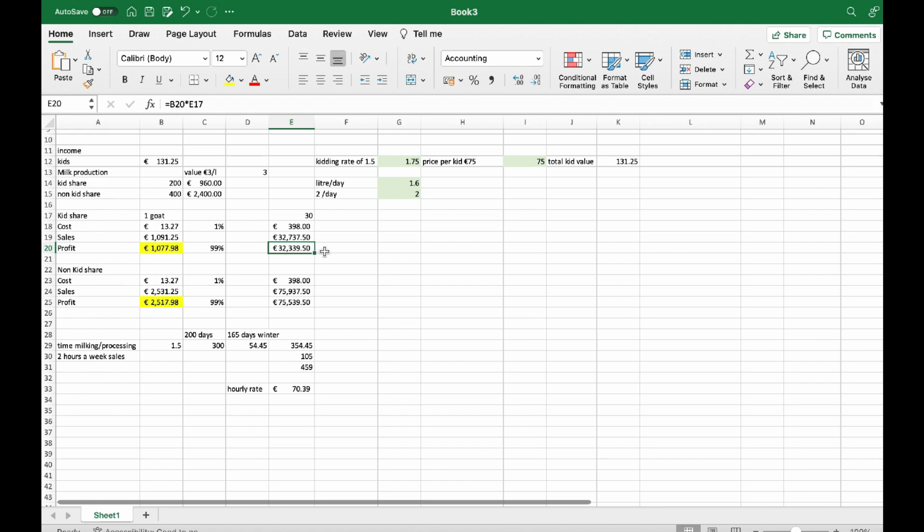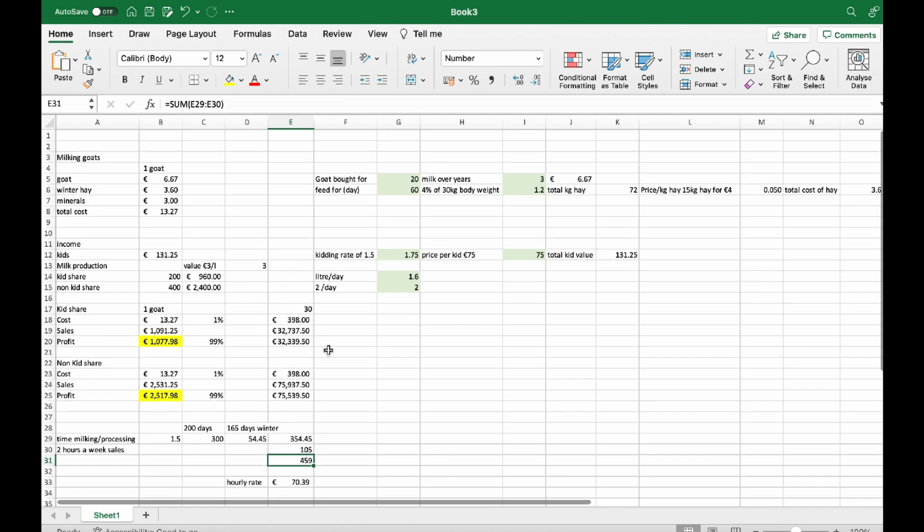So I can make 25 grand a year, and if I get another enterprise doing that, I can make 50,000 euros, which is just above the average salary in Ireland, for working very little hours. It's 460 hours a year. So 460 divided by 52, that's 8.8 hours a week. And really it's a few more hours in the summertime and way less in the wintertime. This looks like a good business plan.